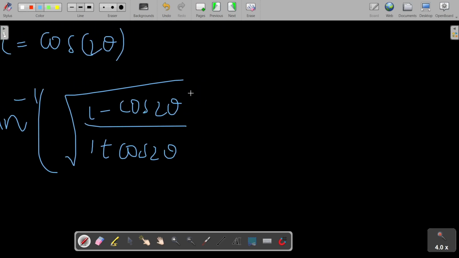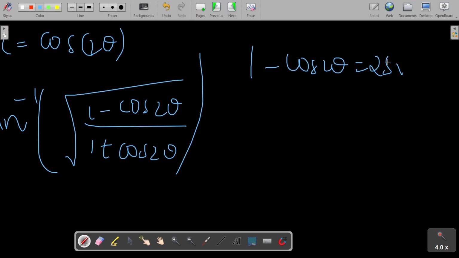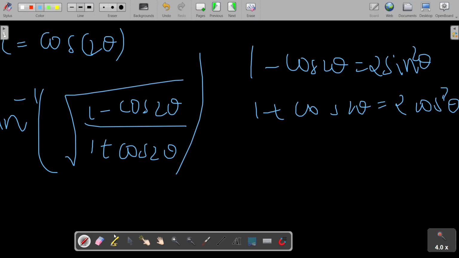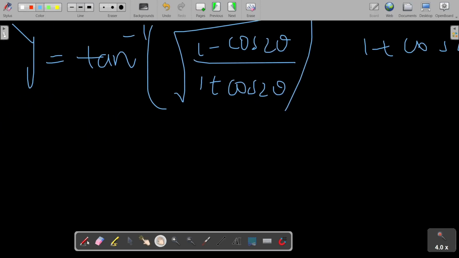By using the identity, 1 minus cos 2 theta is equal to 2 sine squared theta, and 1 plus cos 2 theta is equal to 2 cos squared theta. So let's use that. I'm going to first simplify this argument.